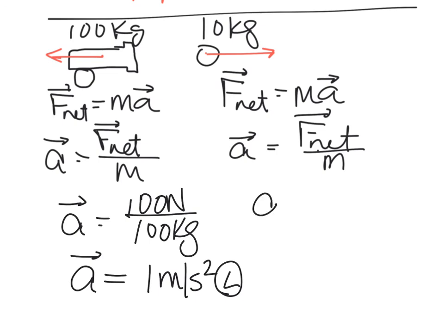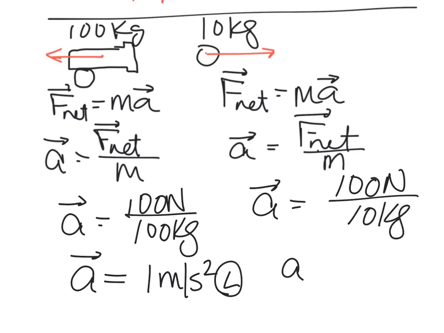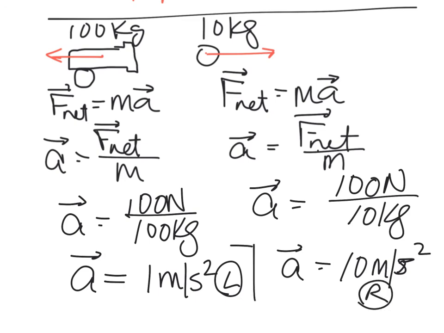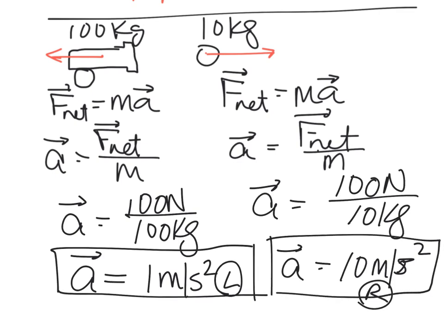And the acceleration for the cannonball is going to be 100 newtons divided by 10 kilograms, and that is going to be equal to 10 meters per second squared to the right. Okay, so here is that acceleration, and here is that acceleration. And as you can see, it's totally dependent on the mass, and that is always how this works.